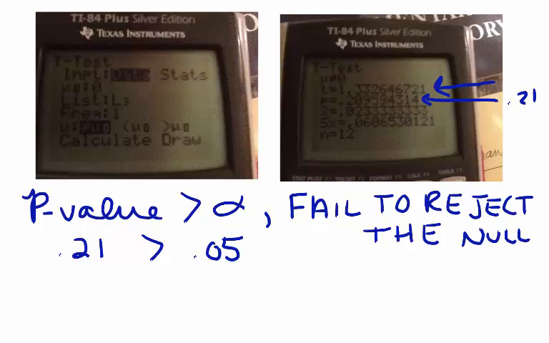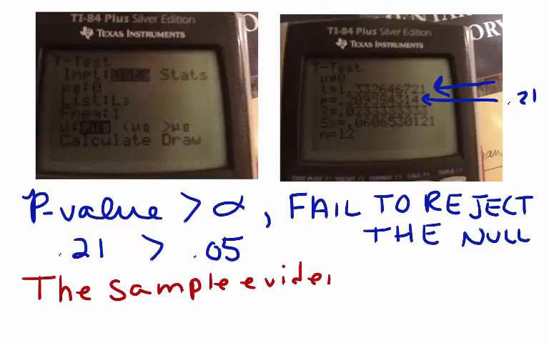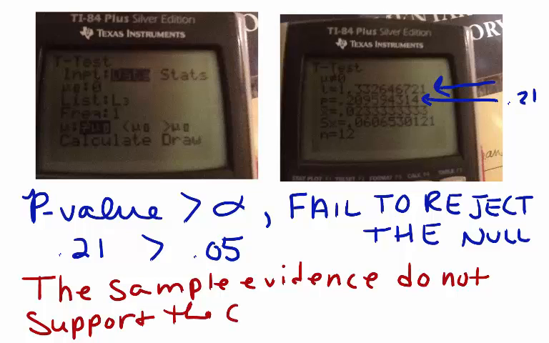Since our claim resided in the alternate hypothesis, and we fail to reject the null hypothesis, the sample evidence does not support the claim that our mean difference is not equal to 0.